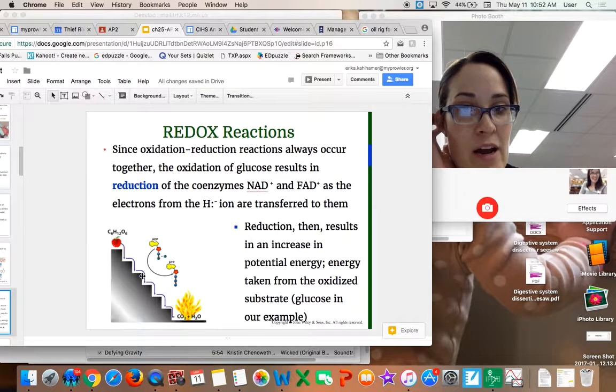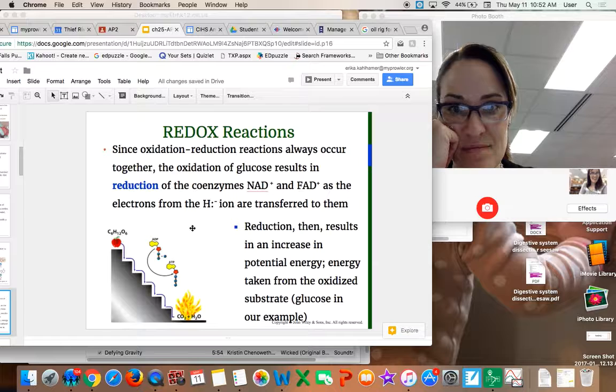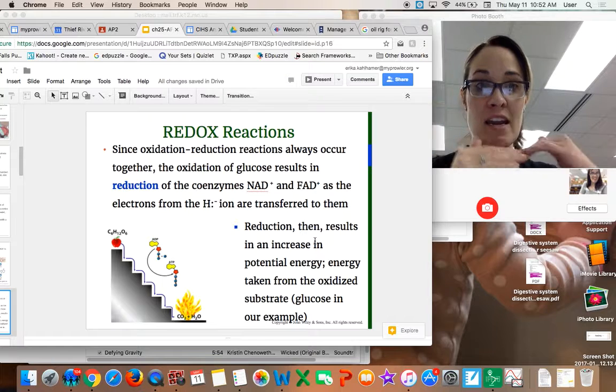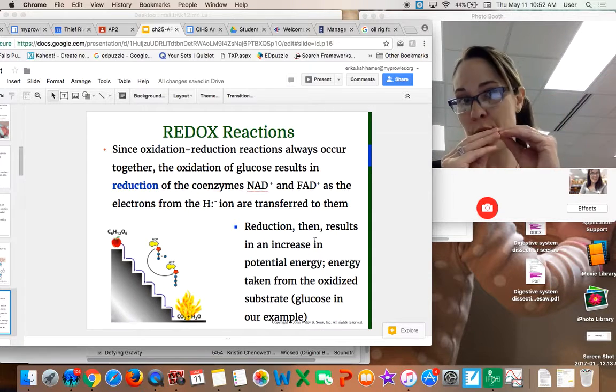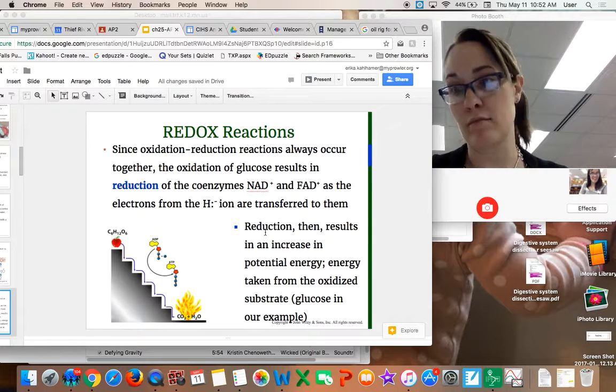The extra hydrogens are carried via these coenzymes, NAD and FAD. After being reduced, they have an increase of potential energy because they carry another bond with a hydrogen ion. Remember, those bonds, once released, release the energy.